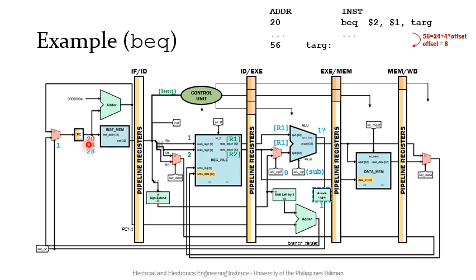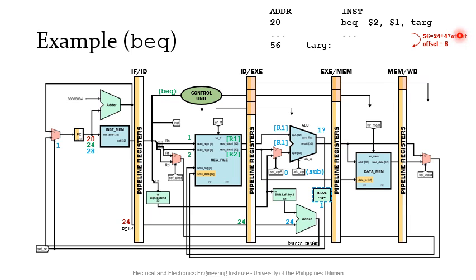Looking back, the branch target address is computed from PC plus 4 from the original branch instruction, which was delayed through the IFID and IDXA pipeline registers.